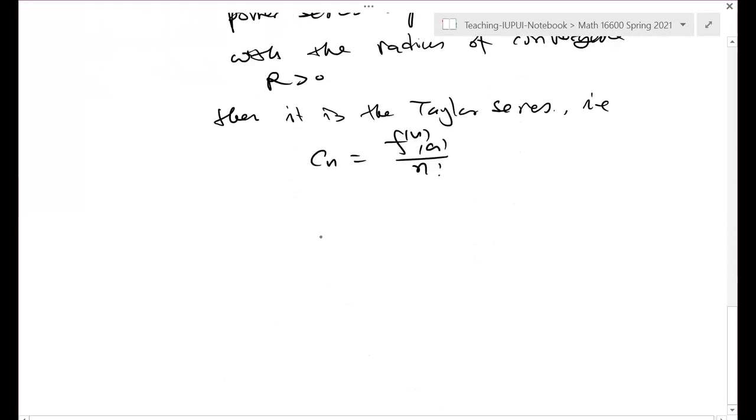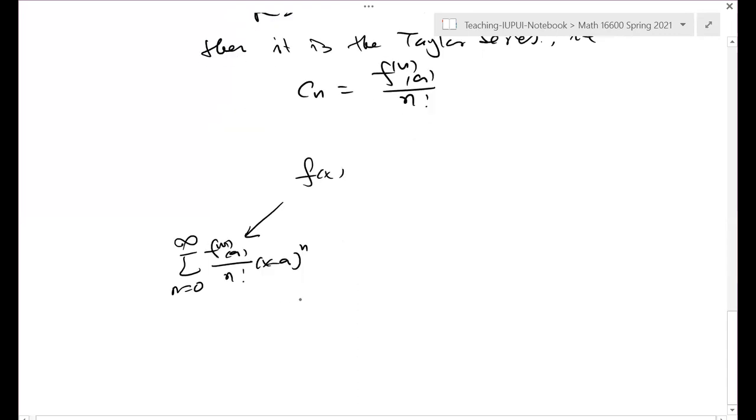All right, so the picture is here. Here's the function. First of all, you get a Taylor series, if the function is differentiable. Then if you can do further, you get a power series representation.